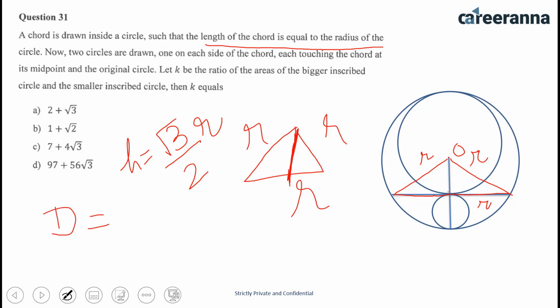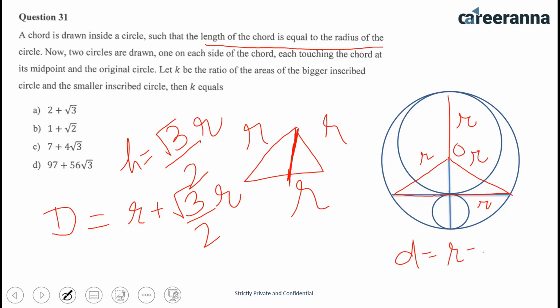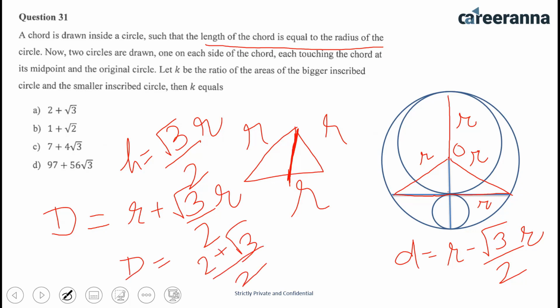Can I say this diameter is nothing but R plus root 3 upon 2 of R. For the smallest circle, the diameter is R minus root 3 upon 2 of R. So the diameter becomes (2 plus root 3) upon 2 times R, and here the diameter becomes (2 minus root 3) upon 2 times R. So I have the diameter for both the circles.